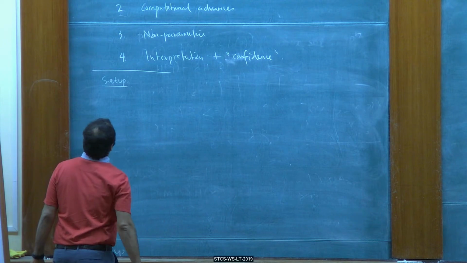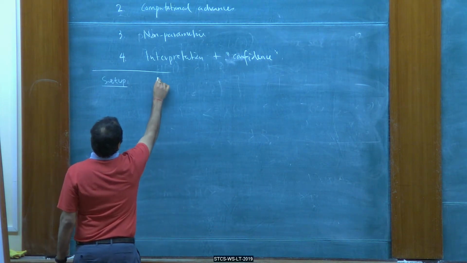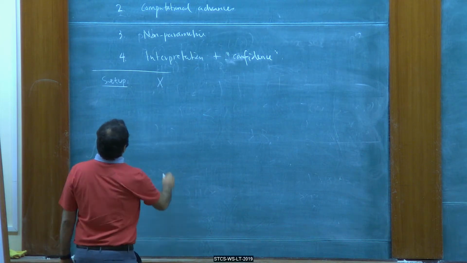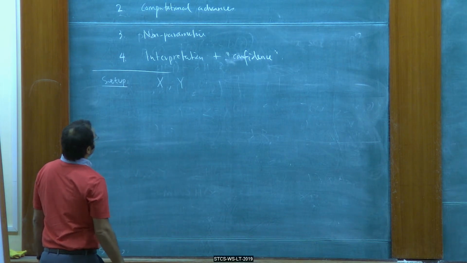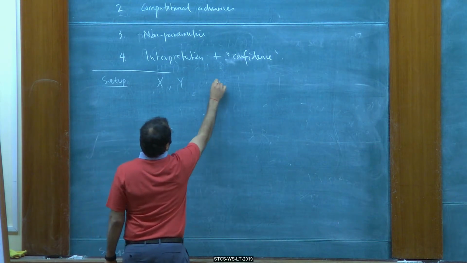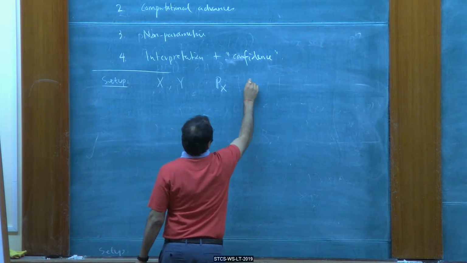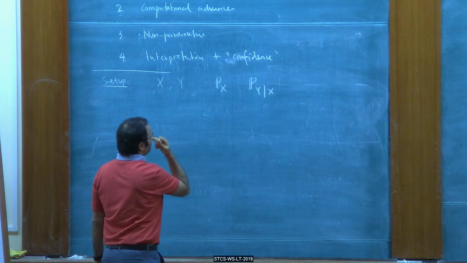So we've got features and labels. X I will denote as a random variable that represents features. Y I will denote as a random variable that represents labels. Assume that there is some distribution over features and there is some conditional distribution of labels given features.